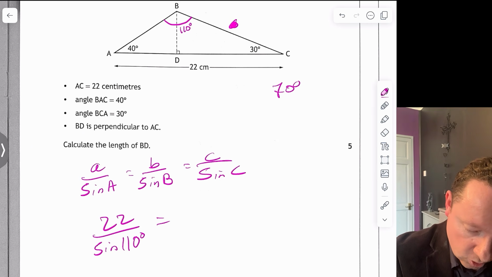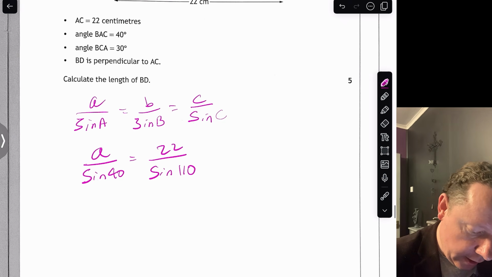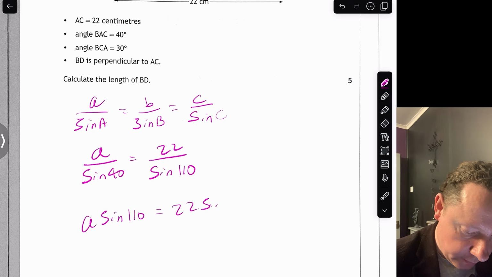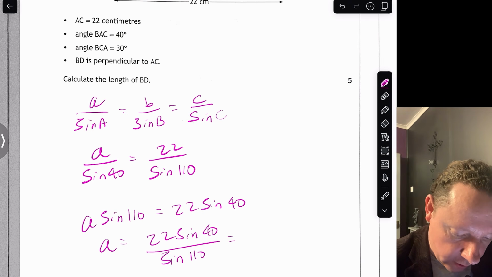I'll call it A because it's opposite A, equals A over opposite sine 40. So we can rearrange that. A sine 110 equals 22 sine 40. So A is 22 sine 40 over sine 110. So getting a calculator.